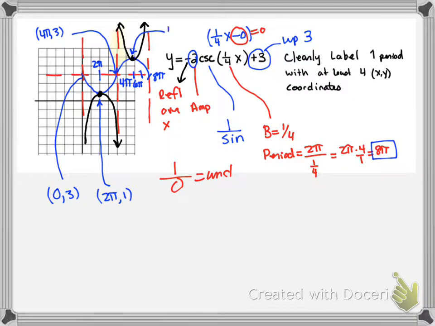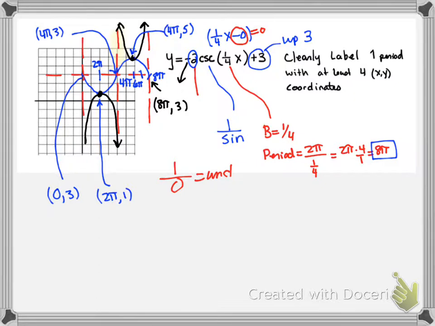This value will be 4 pi, 5. And our last point is going to be on the midline 8 pi, 3. Now we've done everything to earn full credit.